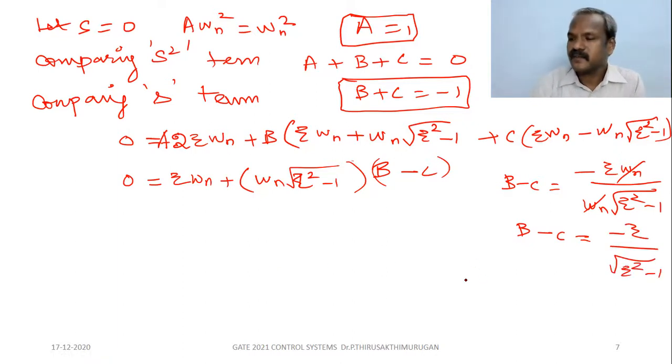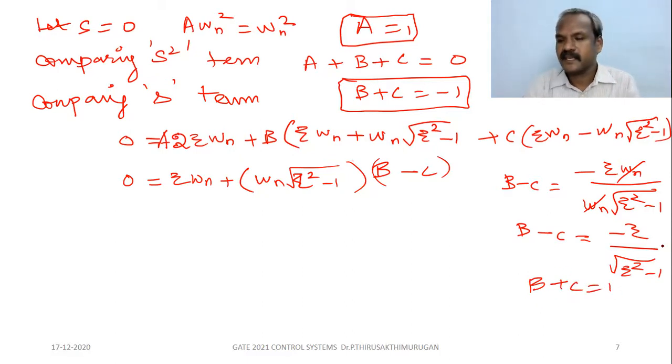Okay. So from this expression, what do you get? B plus C equal to minus 1. You know that B plus C equal to minus 1. Then B minus C equal to this.